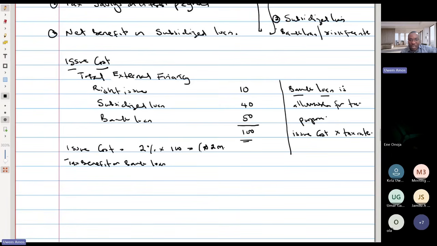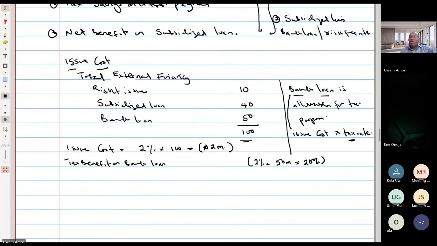Our issue cost is negative because that's what we're paying. So that would be the issue cost for the bank loan, which is 2% multiplied by the bank loan of 50 million, multiplied by the tax rate. Our tax rate in our question is 20%. So 2% multiplied by 50 million multiplied by 0.2 gives us 0.2.